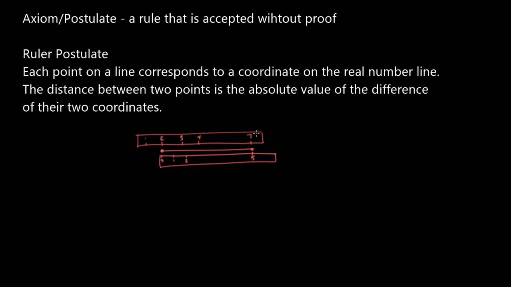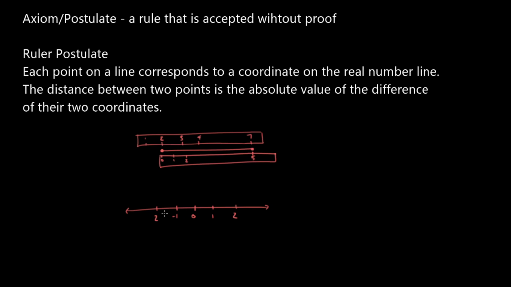So, when we have a number line like this, what that means is that, like on a number line, there are infinitely many points. It's the same thing on a line or a segment that we're trying to measure.